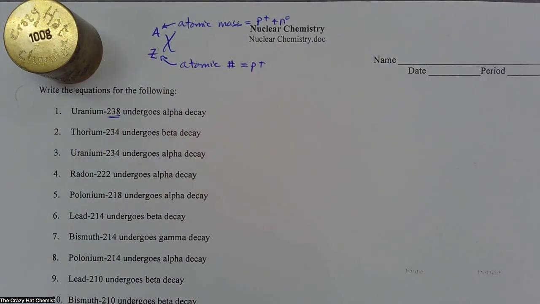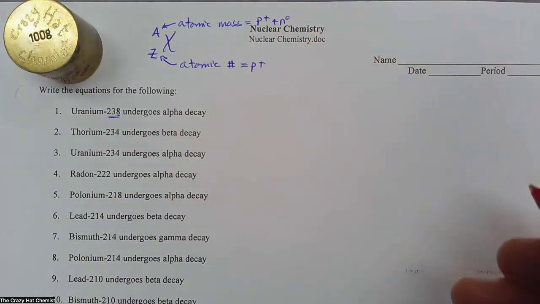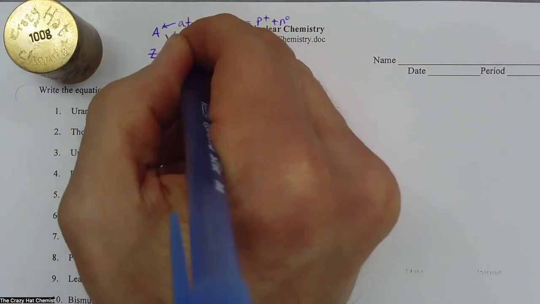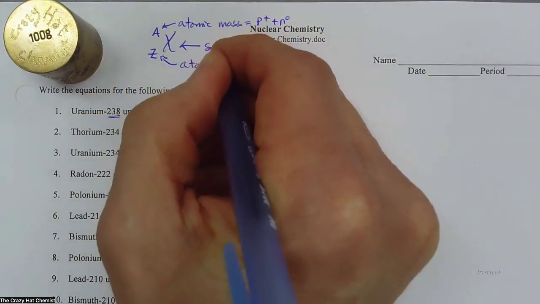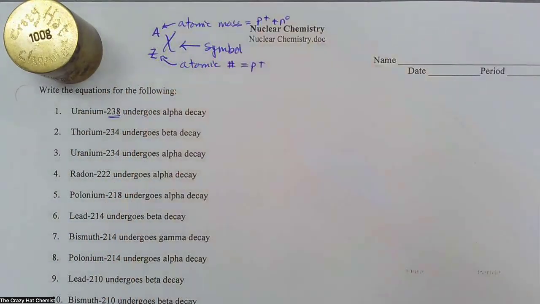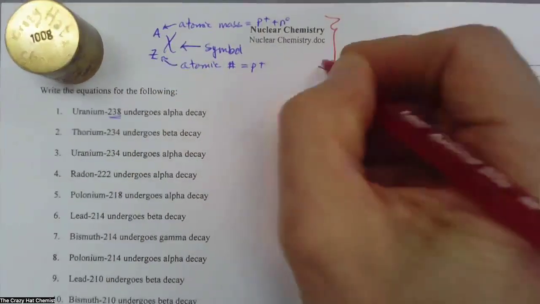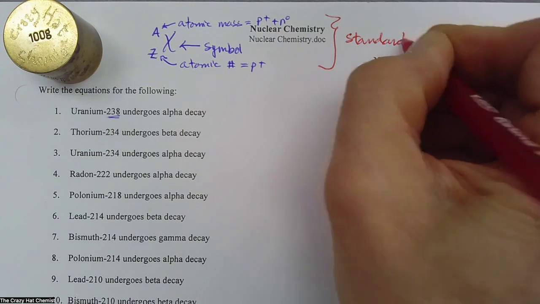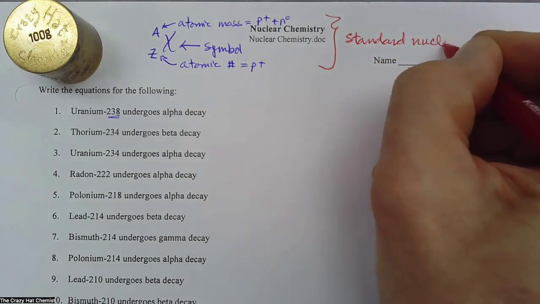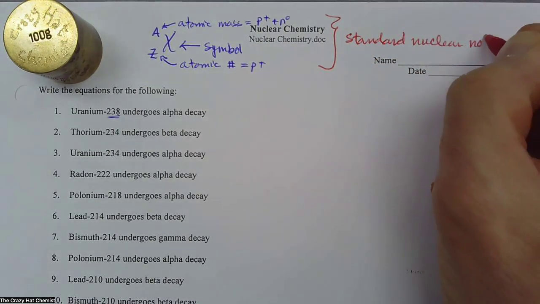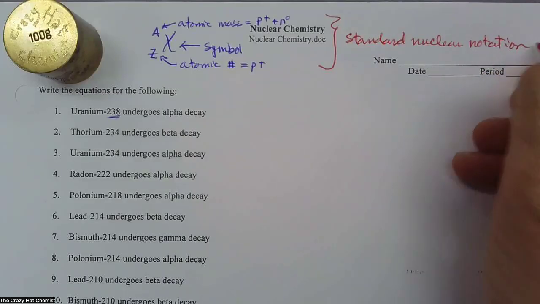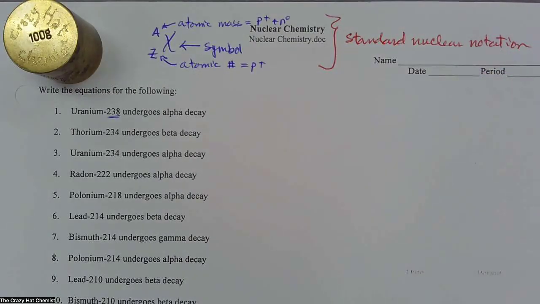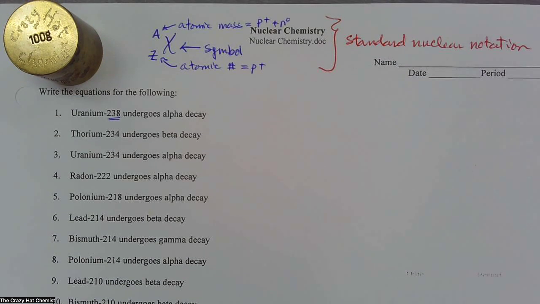This X here is equal to the symbol of the element. So this whole thing right here is standard nuclear notation. Standard nuclear notation, that is exactly what we want, and we're going to be using it throughout this entire process.